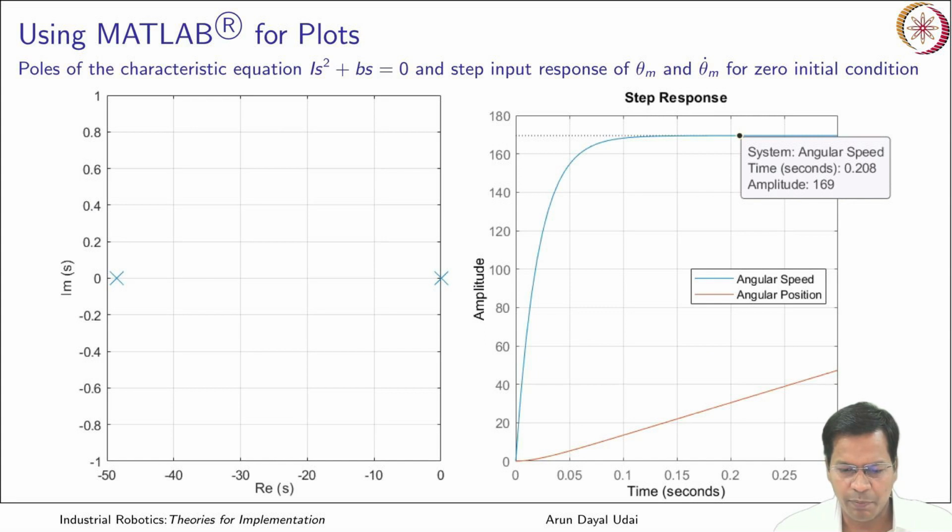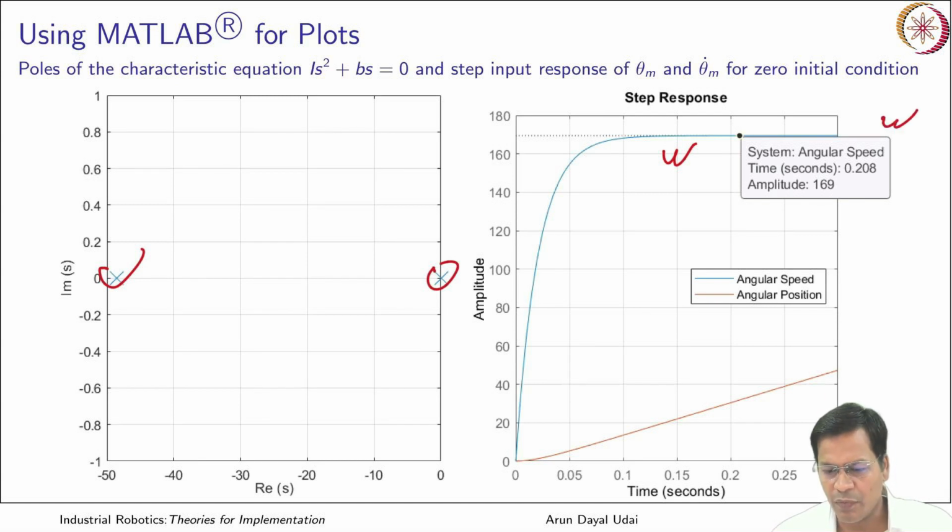So you have poles, one of them here, the other here. Both are on the real number line towards the negative side of the complex plane. For system angular speed, it goes something like this.